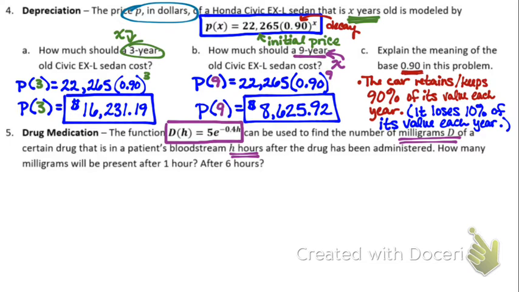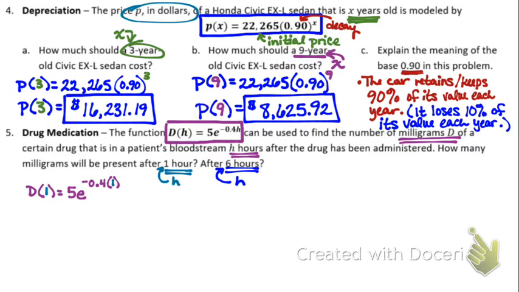So we're going to do this for both 1 hour. That's going to go in for h. And we're also going to do this for 6 hours. So even though it doesn't have a part A and a part B, we're really doing a part A and a part B. So the amount of the drug left after 1 hour would be 5 times e to the negative 0.4 times 1.